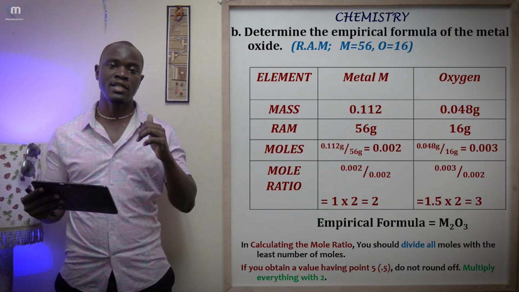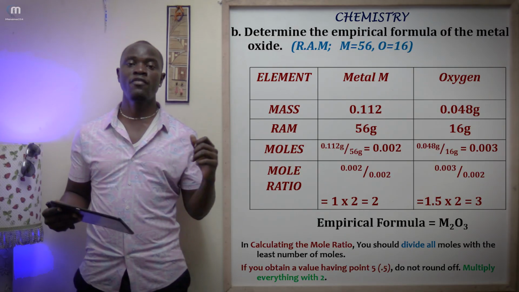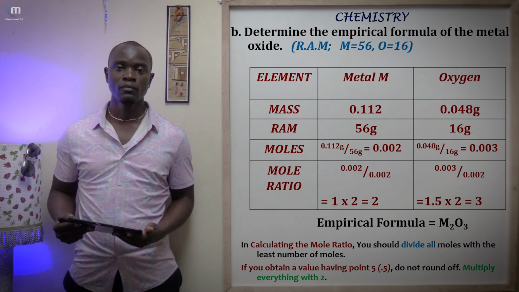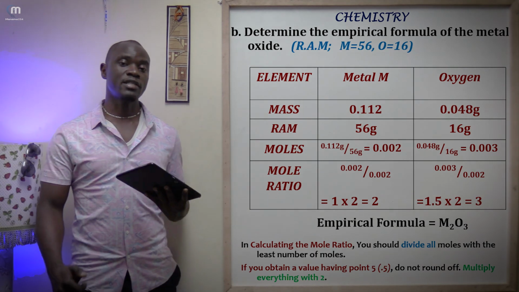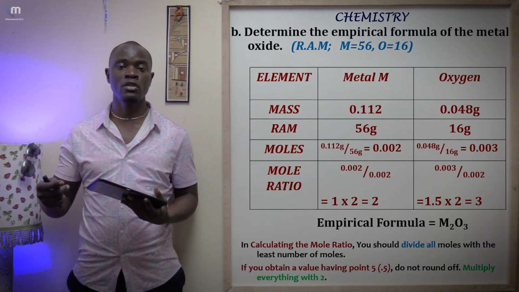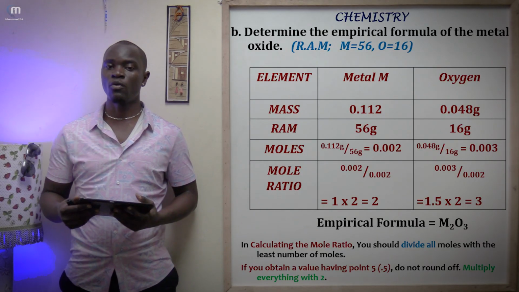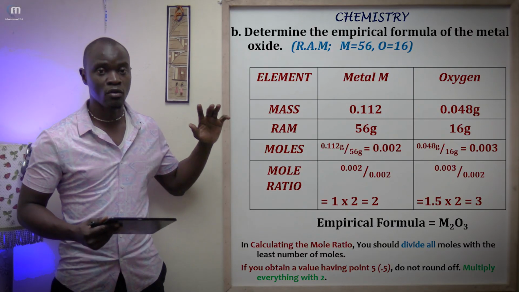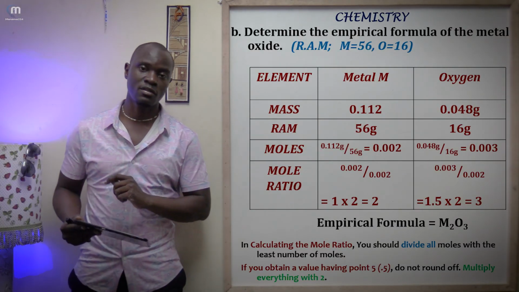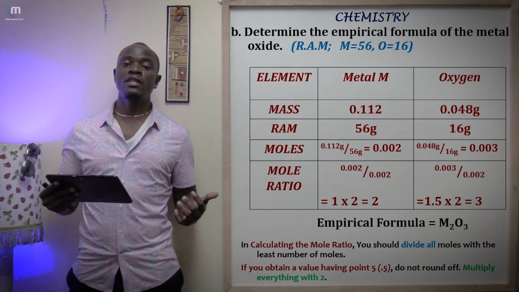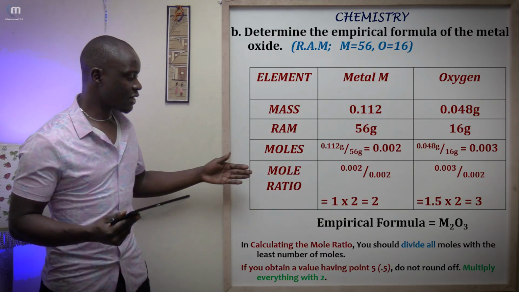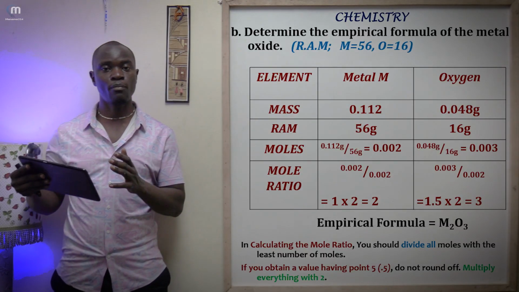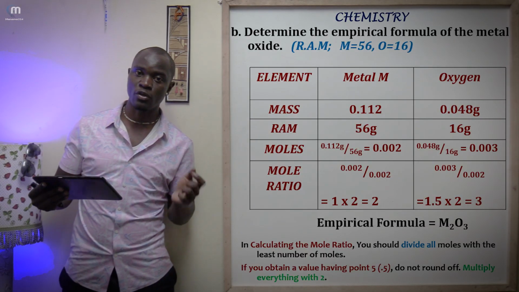That is always the step in this mole ratio: always divide everything by the least number of moles. The least number of moles here is 0.002. So we are going to divide everything by 0.002. On the side of metal M, we get 1. On the side of oxygen, we get 1.5. So that is the mole ratio in this case.